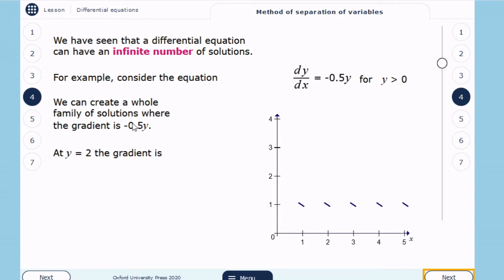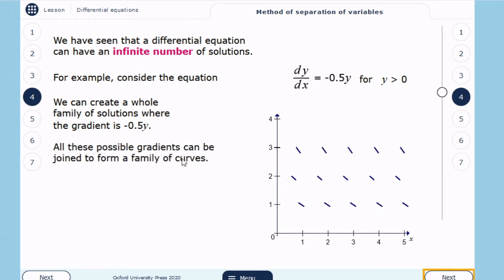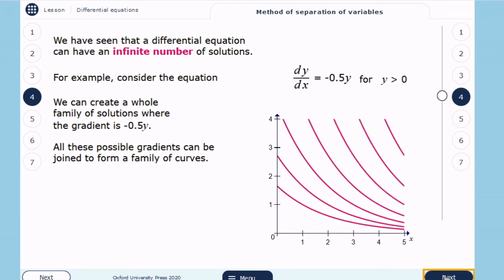At y equals 2, substitute, the gradient is minus 1. So you see now it's minus 1. I make a small dash here. At y equals 3, it's minus 1.5.